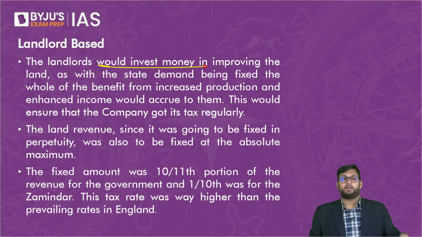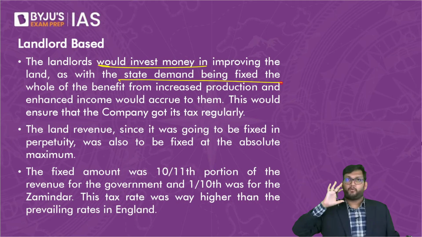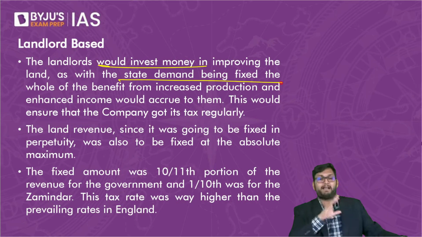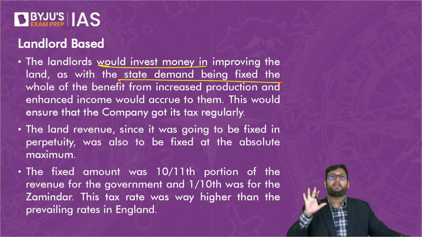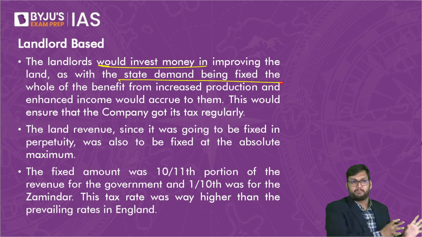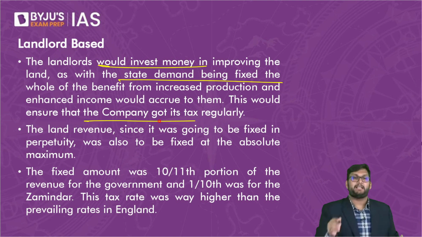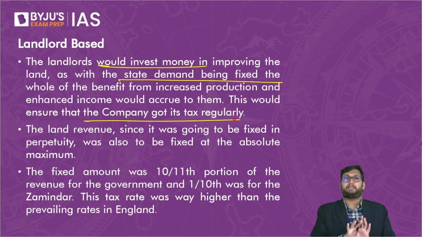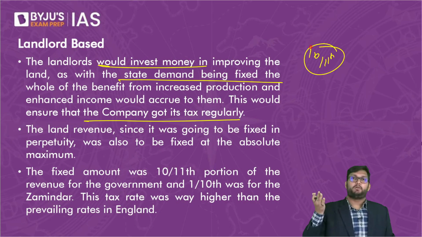Theoretically, the landlords would invest money in improving the agriculture and land, with the state demand being fixed for the benefit, the state demand being fixed whole for the benefit, increase of production or anything would be transferred to the zamindar. This would technically give regular tax to the company and any benefit could be transferred to the zamindar. Simple point is, because 10/11th is fixed, any increase in revenue would go to the zamindar.